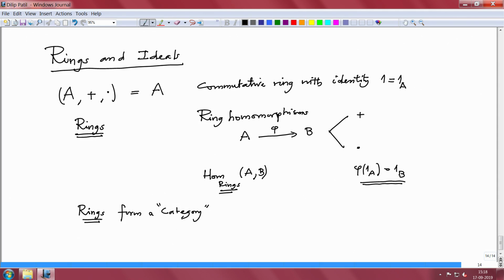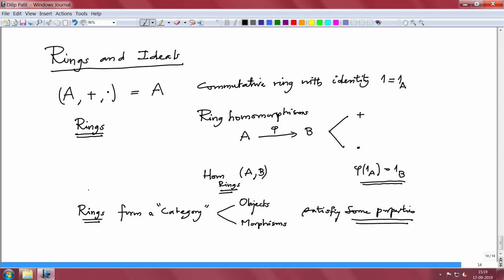Right now it is just the objects. Whenever you have a category, there are objects and there are morphisms, and these satisfy some obvious properties. These properties I will recall in due course, but in this case they are obvious. So, objects are rings, morphisms are ring homomorphisms, and whatever obvious properties we will need are satisfied in this case. So, do not worry about it.